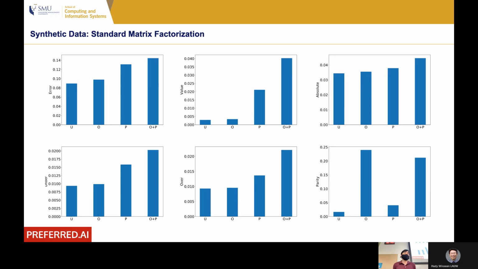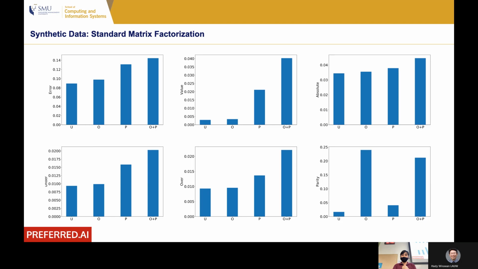For this synthetic data and the 4 sampling schemes, they experimented with the standard matrix factorization, and these are the results. I'm not sure whether you can read the numbers there, but the first one is the absolute error, whereas the other boxes are the values of the different fairness metrics that they measure.